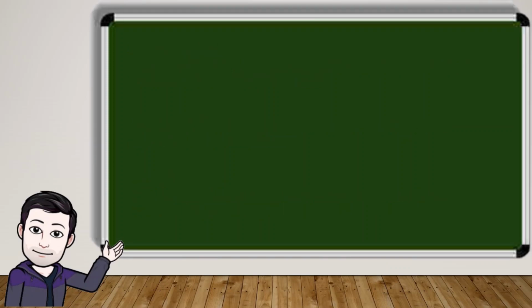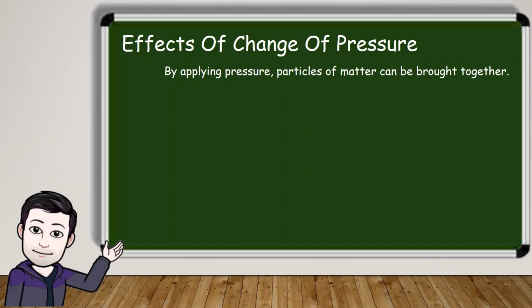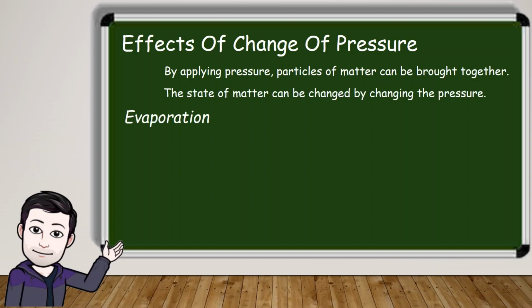Now, let us understand the effects of change of pressure. By applying pressure, particles of matter can be brought together, and hence, the state of matter can be changed by changing the pressure. Evaporation will help you to see the effect of pressure.